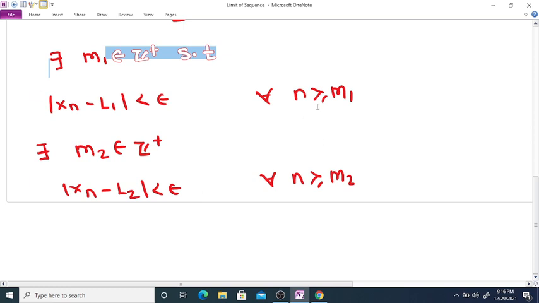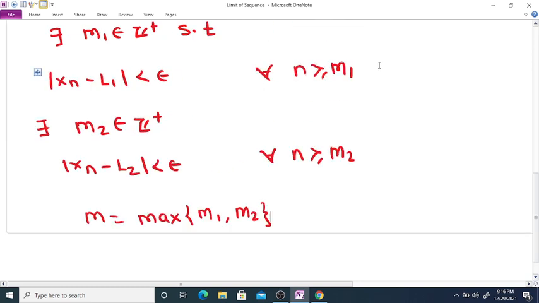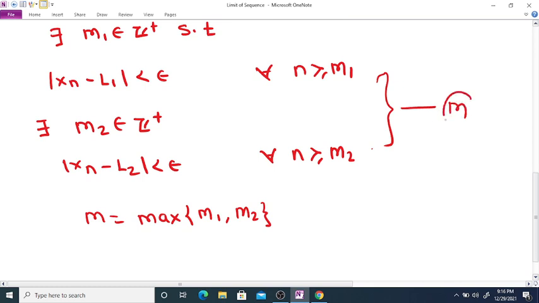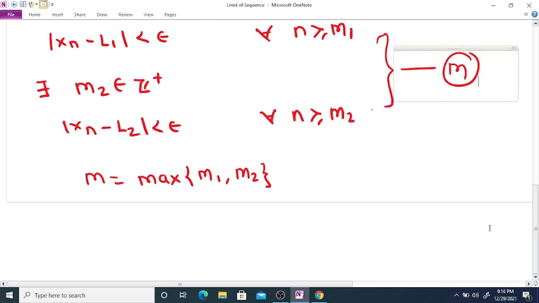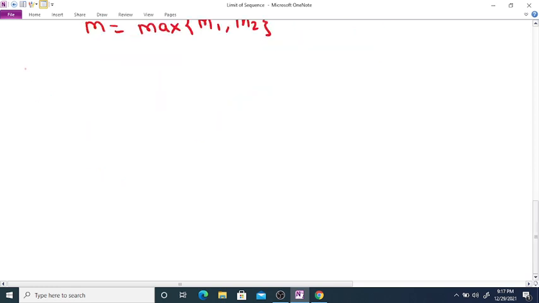If we select m equal to the maximum of m1 and m2, then both inequalities are true for n greater than or equal to m.